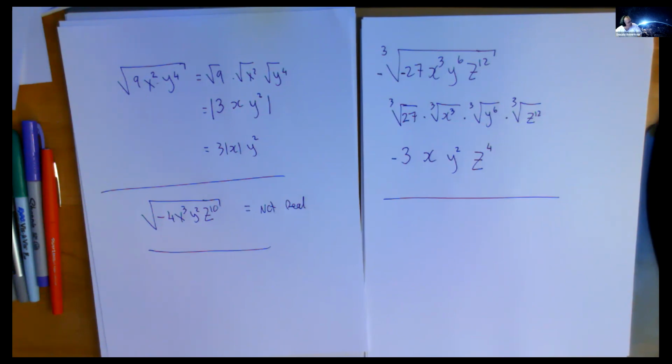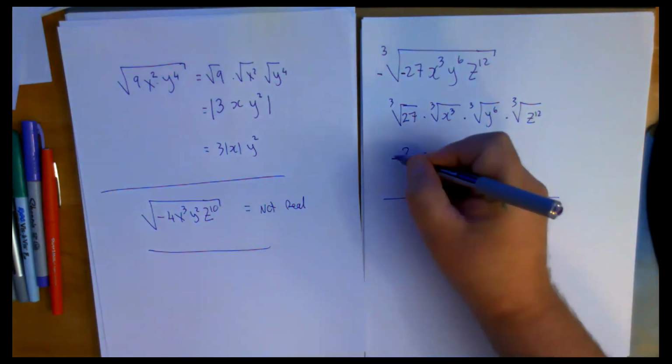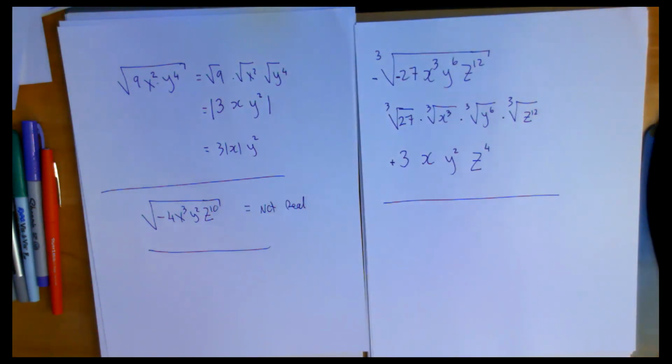What's the net effect going to be now? Three x y squared z to the 4th. Yeah, it just becomes positive. You're comfortable with the negatives and cube roots, they kind of work well, right? They don't have any weird rules. Square roots are cool in their own way.